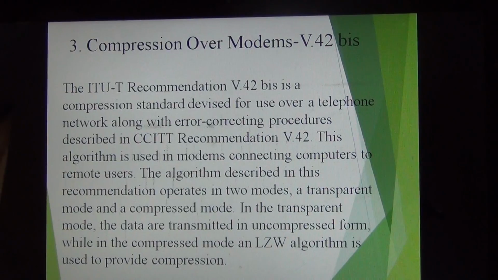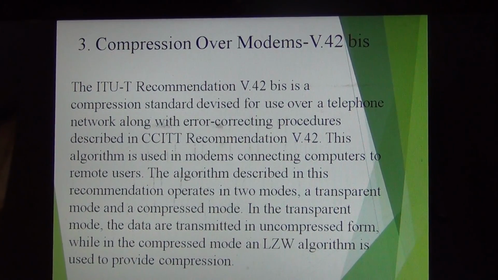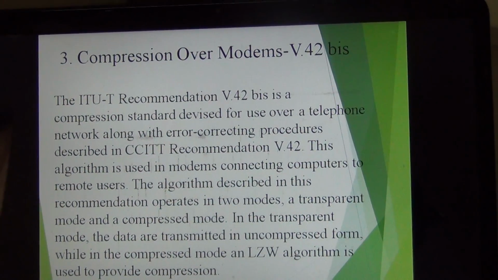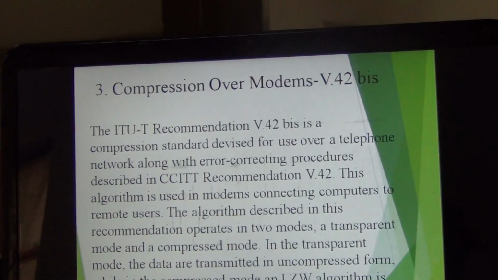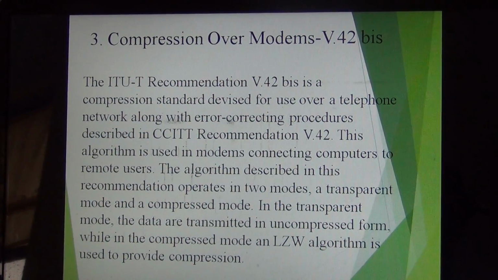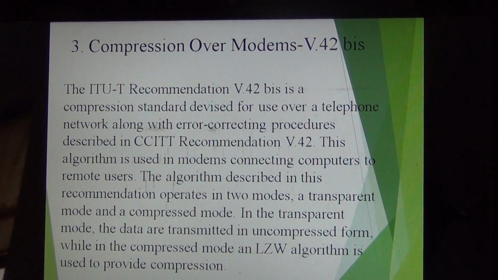The initial dictionary size is negotiated at the time a link is established between the transmitter and the receiver. The V.42 bis recommendation suggests a value of 2048 for the dictionary size. It specifies that the minimum size of the dictionary is to be 512.